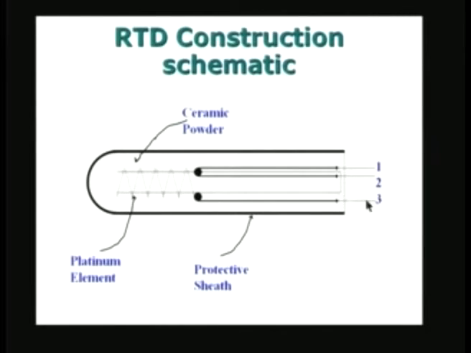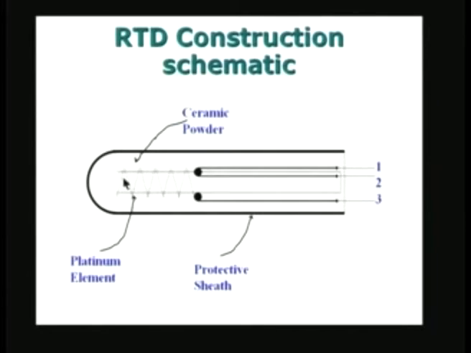In this case, I have shown a 3-wire arrangement. That means there are 2 terminals coming from this point, 1 and 2, and there is a 3rd one. Sometimes we also have a 4-terminal or 4-wire RTD, in which case there will be 1 more wire coming out from this side. I will explain later why we have the 3-lead arrangement and the 4-lead arrangement. That will become clear when we talk more about the method of measurement of the resistance itself.